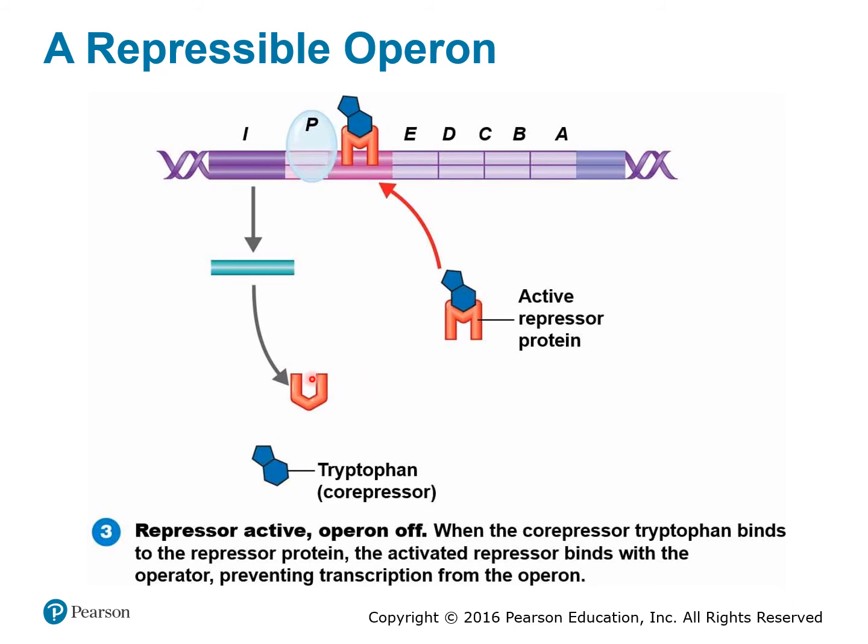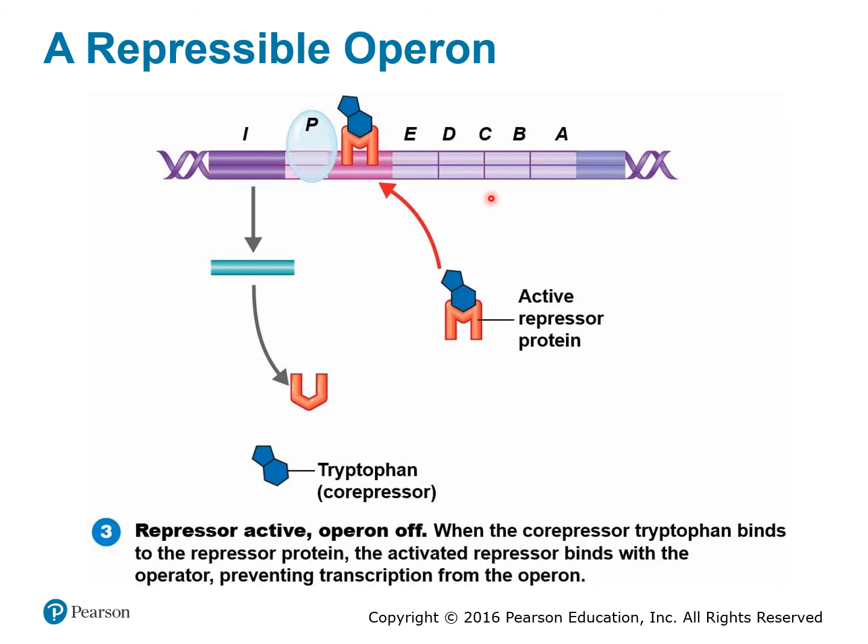Once tryptophan binds to the repressor, and so we call tryptophan a co-repressor, it activates it. Once it's activated, it's going to go ahead and bind to the operator, preventing RNA polymerase from moving forward, and therefore preventing those genes from getting transcribed and eventually translated. And what happens is that's going to turn off that operon.